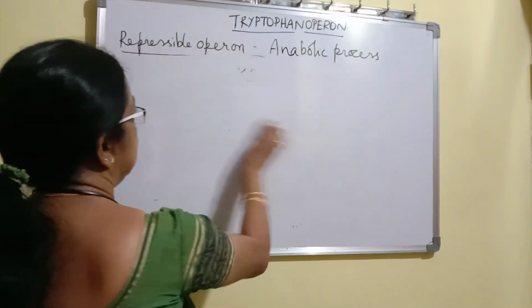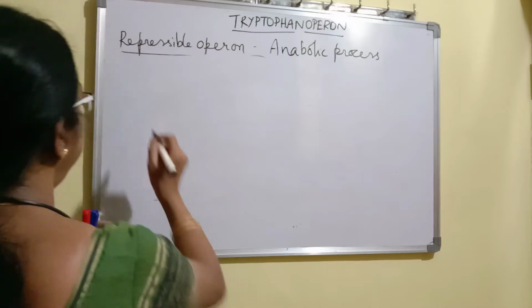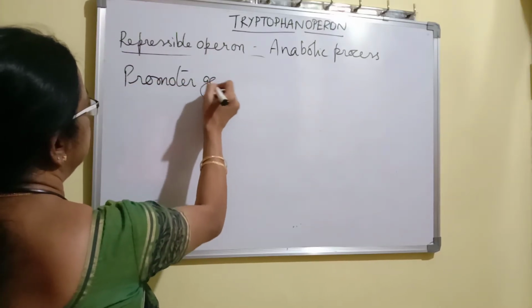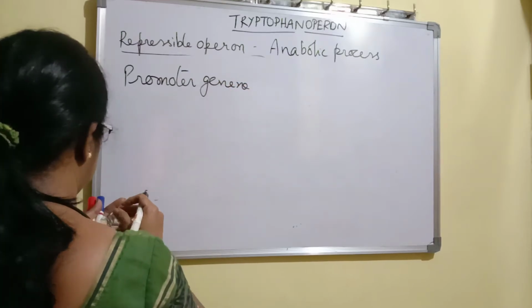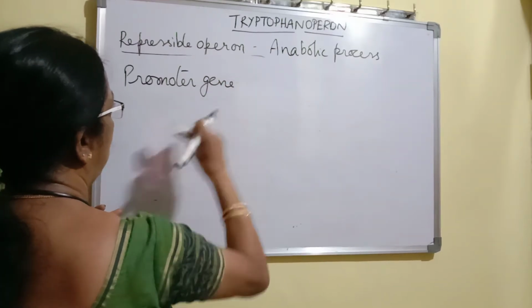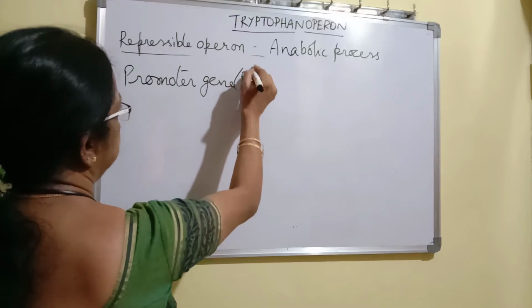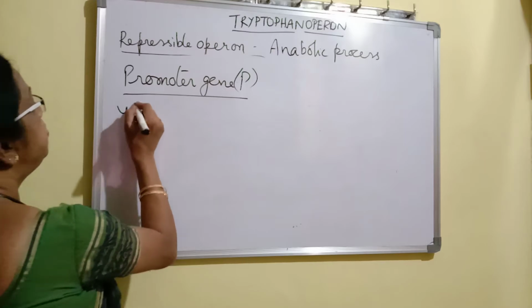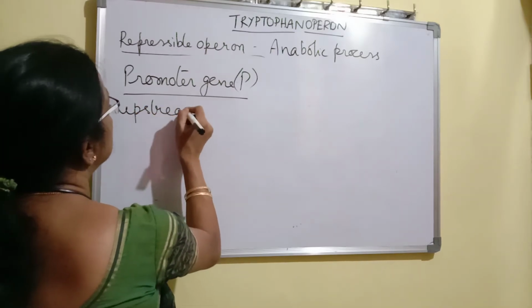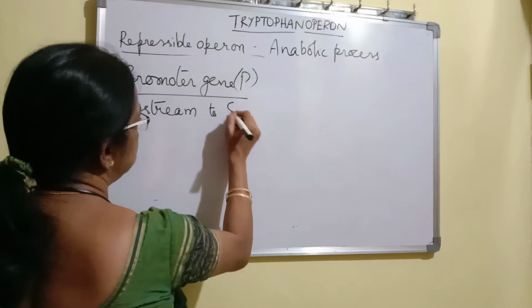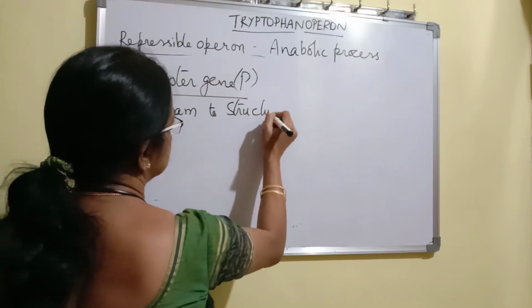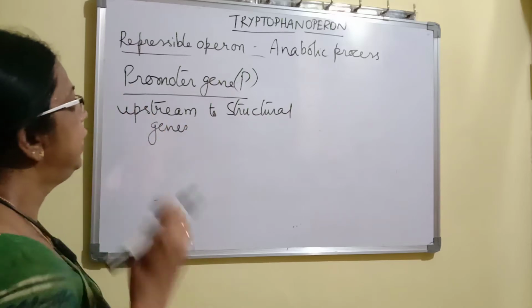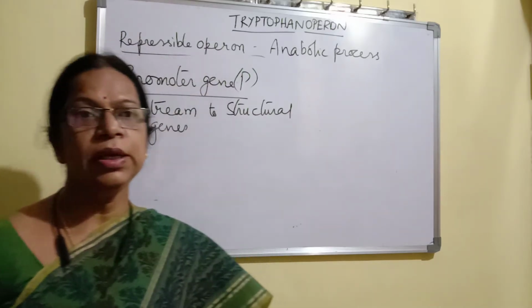The next one is called the promoter gene, or P. This is also present upstream to the structural genes.